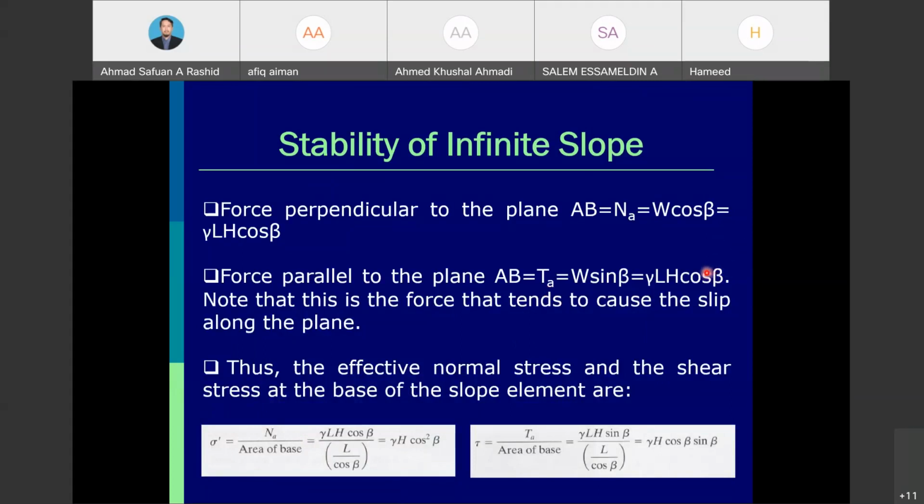Sorry, there is an error here. Note that this is the force that tends to cause the slip along the plane. So this is not cos, this is sine. So I will change it first.